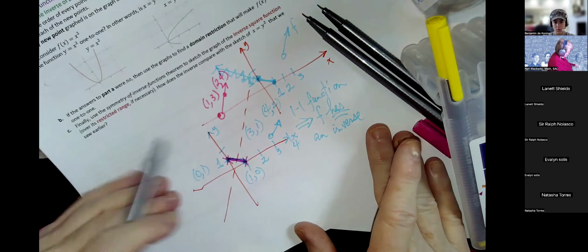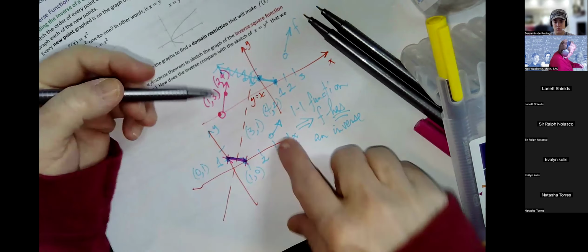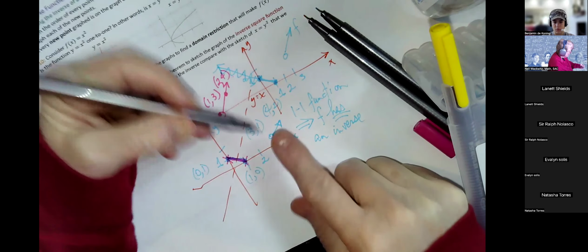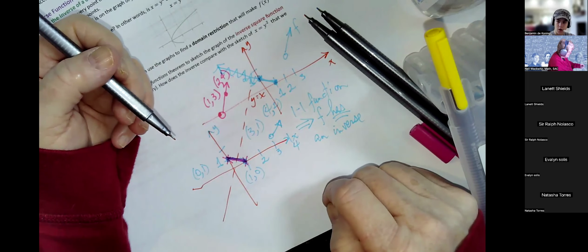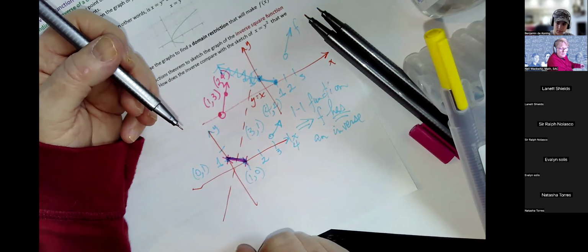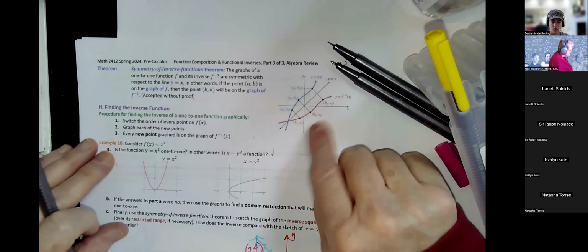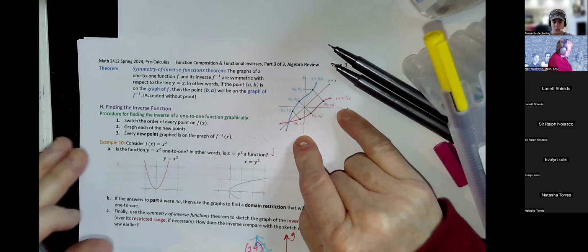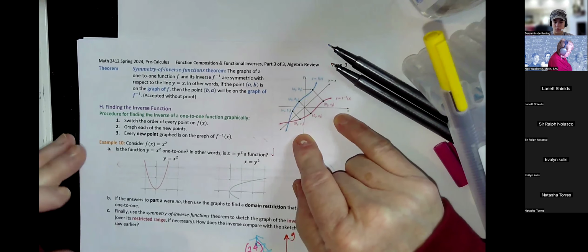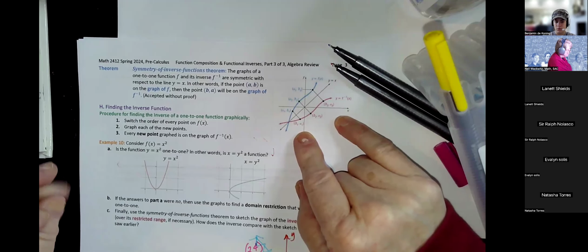Does it look like if I fold this graph along this line, y equals x, that these two little sections will meet? Yes. And does this in fact meet with itself? Excellent. So this is a property that we're going to use, property of inverses, to sketch what the inverse functions for the trig functions look like before we know their names.